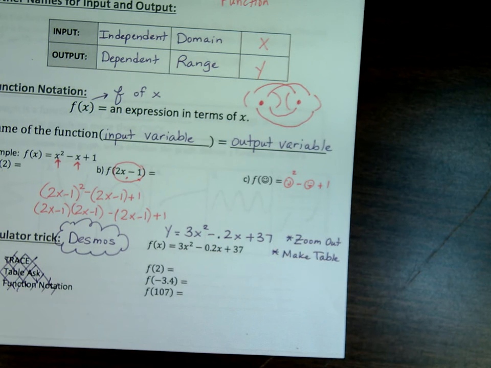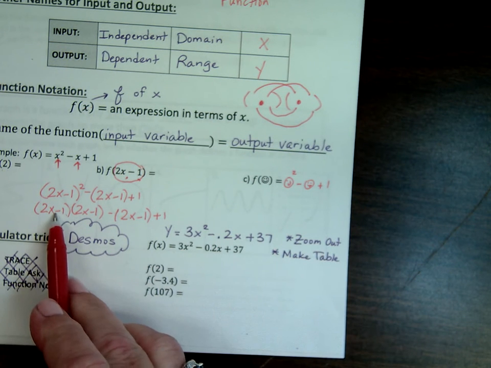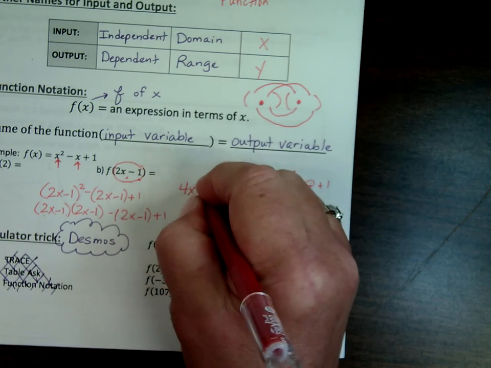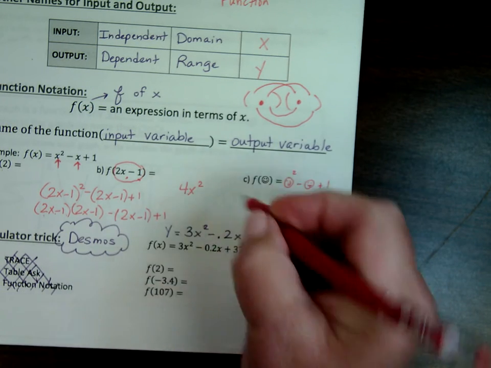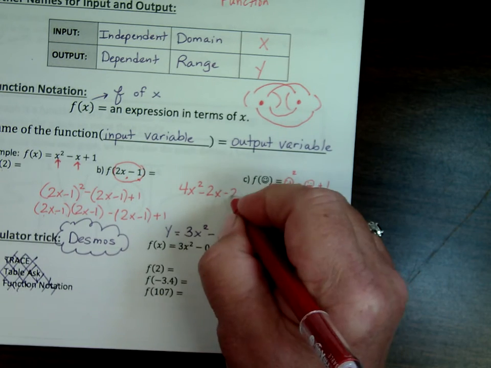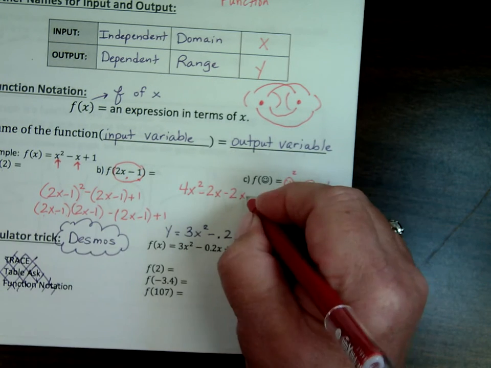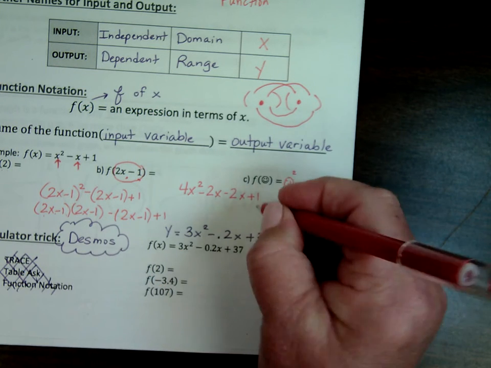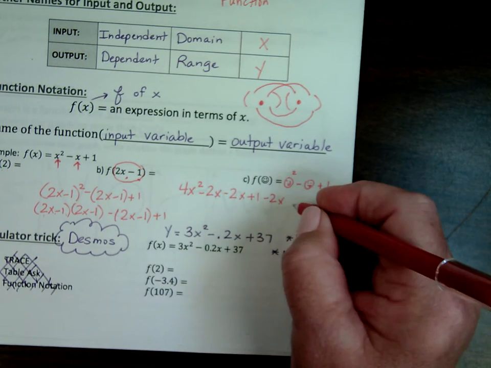So Mr. FOIL Man is what we're going to do to this guy right here. So 2x times 2x gives you a 4x squared. Outers, 2x times -1 is a -2x. Inners, -1 times 2x is another -2x, and -1 times -1 is a +1. Distribute this negative. You've got minus 2x plus 1.